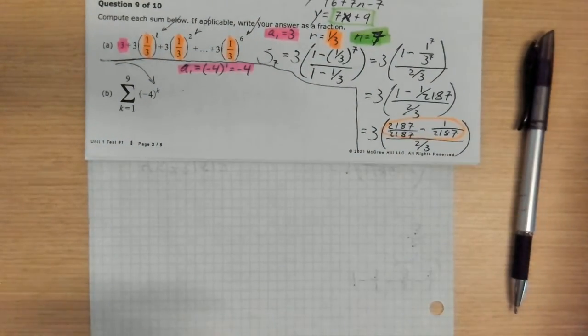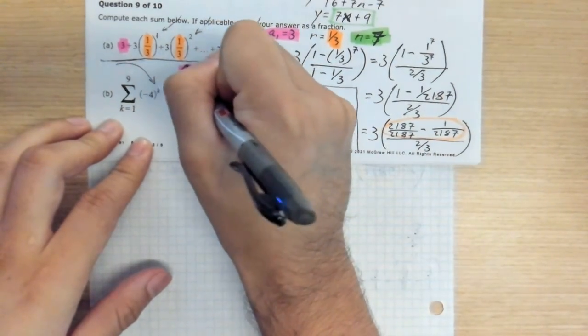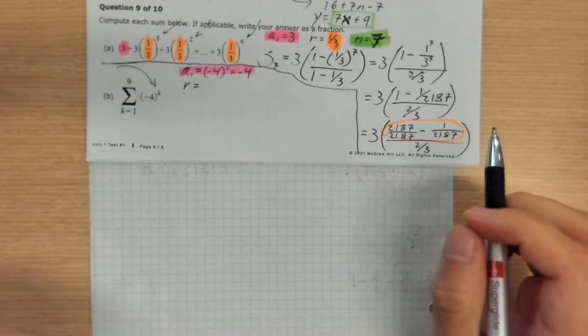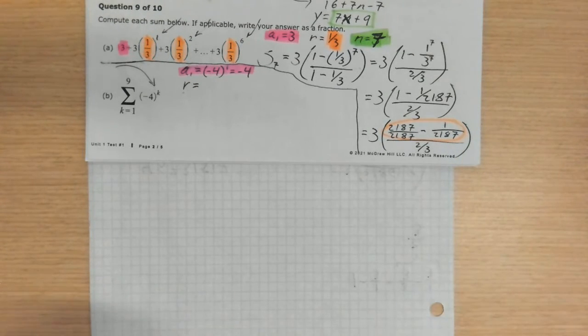Now the second thing that I need is the common ratio. You guys remember how to find the common ratio in geometric sequences? The common ratio is whatever value is being raised to a power.